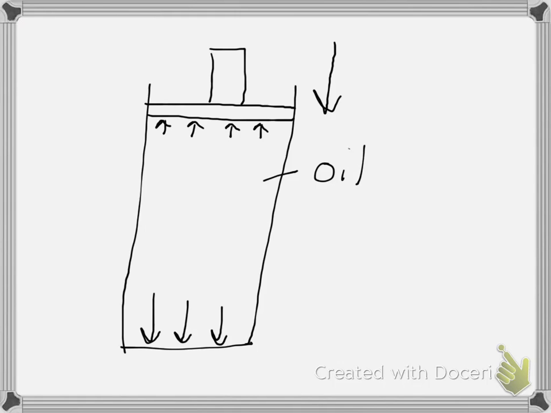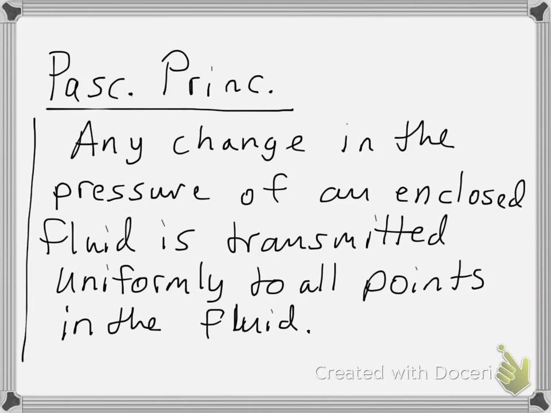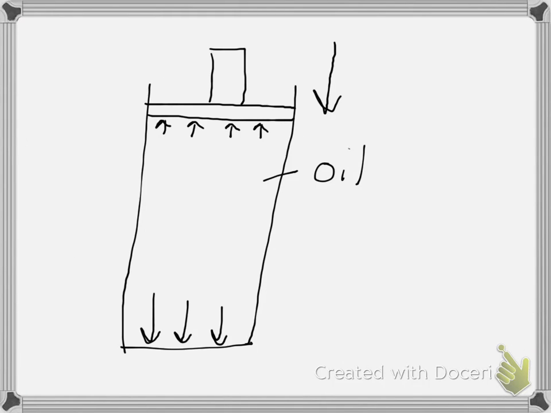What Pascal's principle is saying is that everywhere in the fluid, the change in pressure is going to be uniform. So even though I have higher pressures down here and lower pressures up here, the change in pressure as I push down on the piston will be uniform.